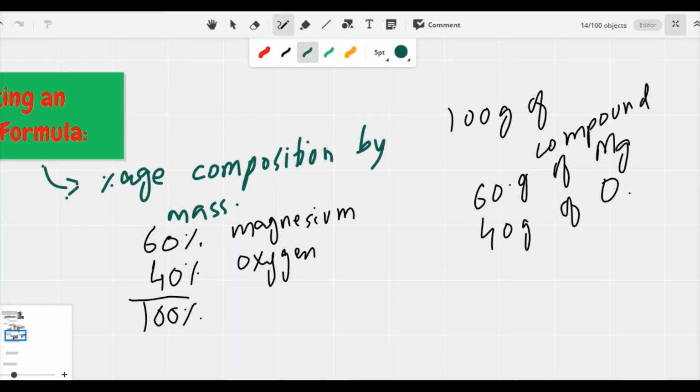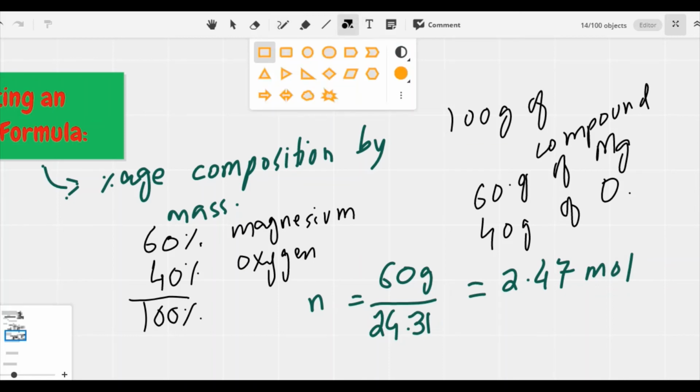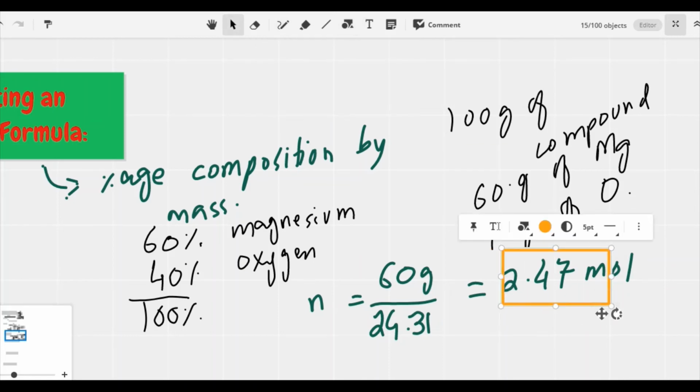For example, 60 grams, the mass of magnesium, divided by the atomic mass of magnesium, 24.31. When we divide, the moles n is equal to 2.47 mole. So that is for magnesium.